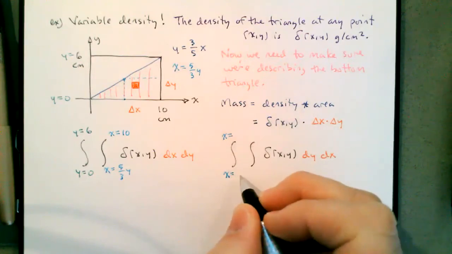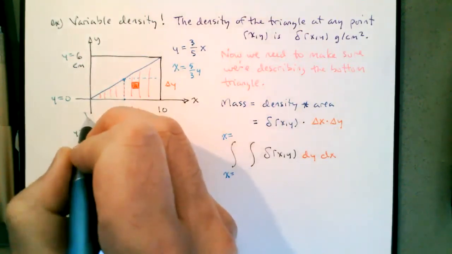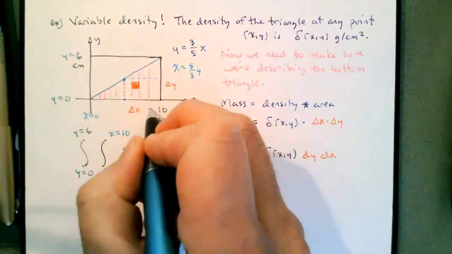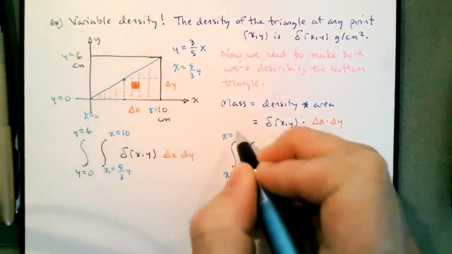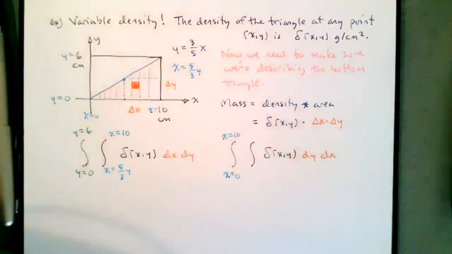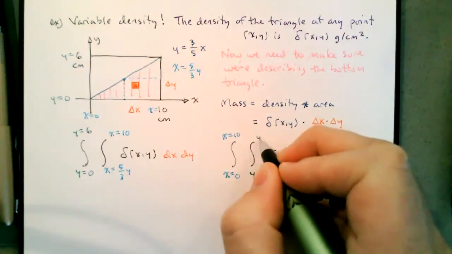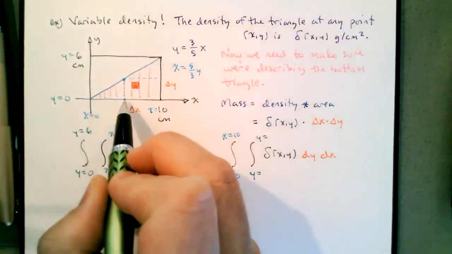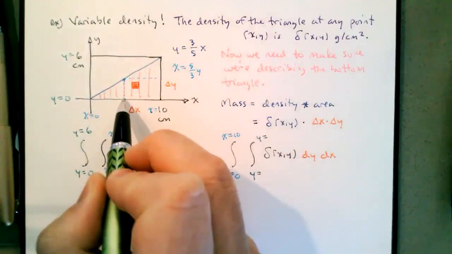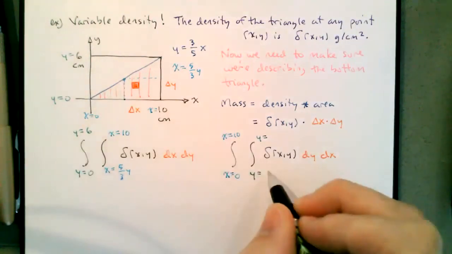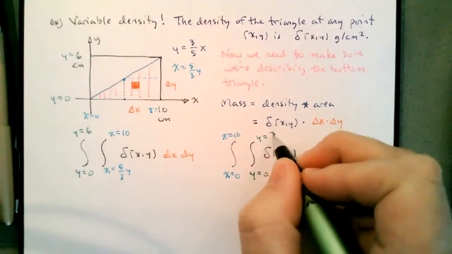The last one should just be the constants. X goes from 0 to 10. Then the inside one, y starts off at 0. If I pick a typical x, y starts off at 0 and ends at the function. So we'll go from 0 to 3/5 x.